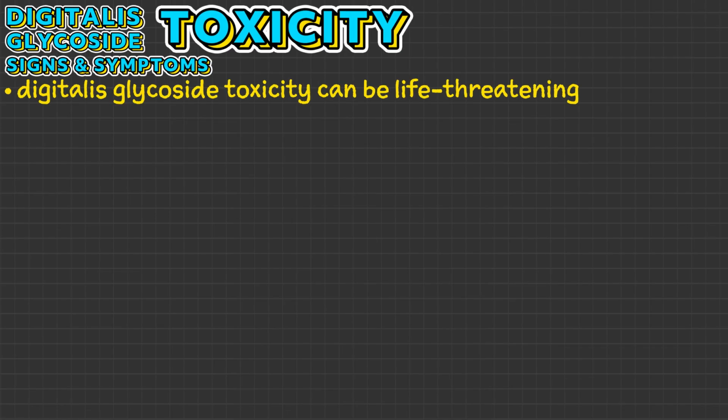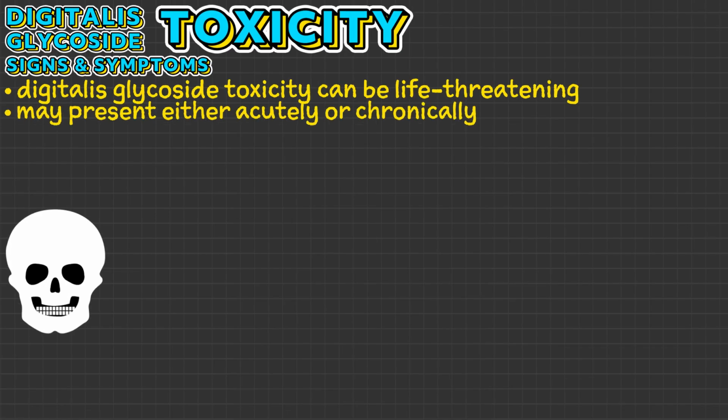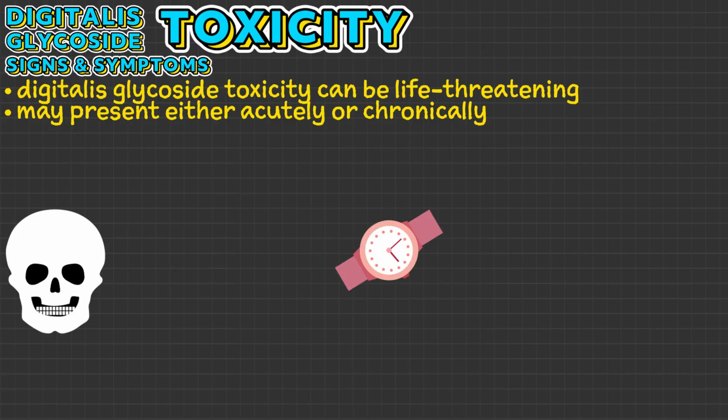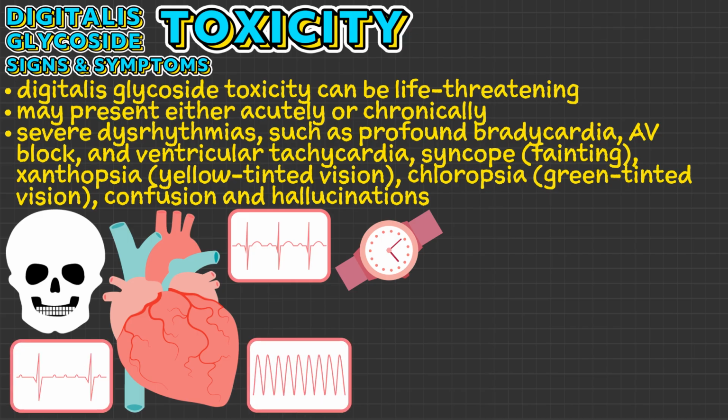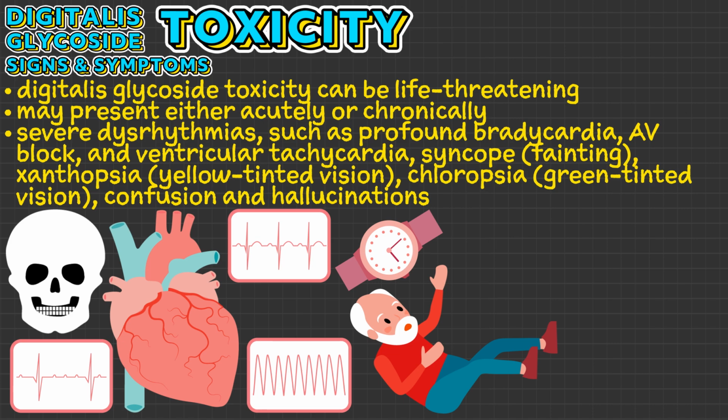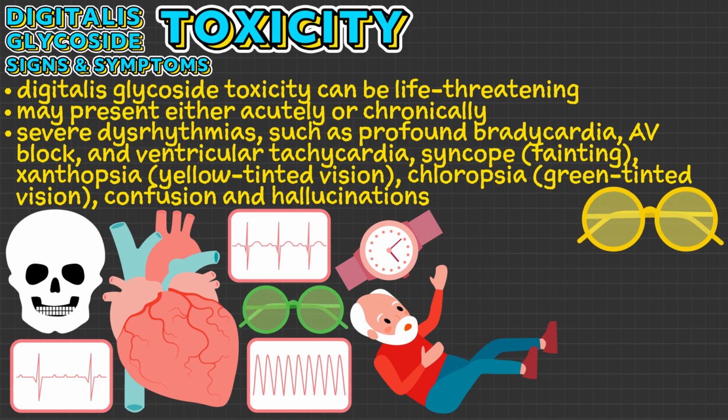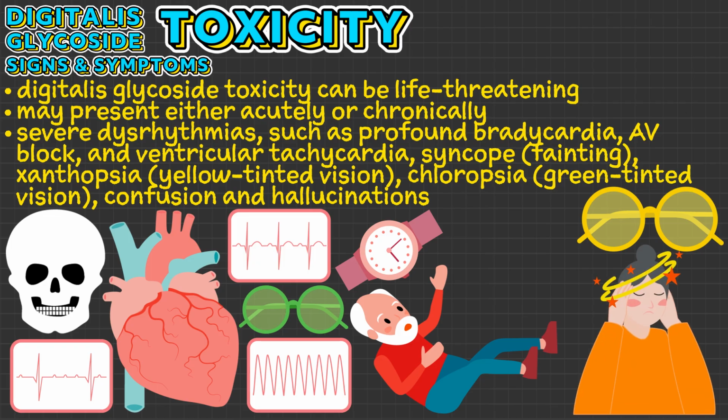Digitalis glycoside toxicity can be life-threatening and may present either acutely or chronically. Signs and symptoms include the previously mentioned adverse effects, in addition to severe dysrhythmias such as profound bradycardia, AV block, and ventricular tachycardia, syncope or fainting, xanthopsia or yellow-tinted vision, chloropsia or green-tinted vision, confusion, and hallucinations.